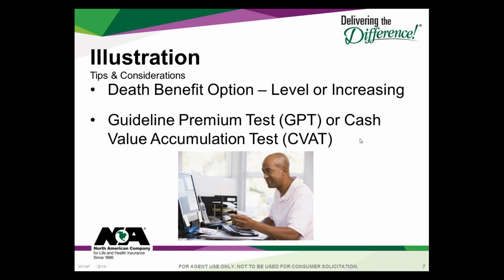One of the other questions I get from people sometimes is, which one do I use, guideline premium test or cash value accumulation test? I see both. And sometimes we see people just using CVAT because, oh, it says cash accumulation, that's what I want, right?